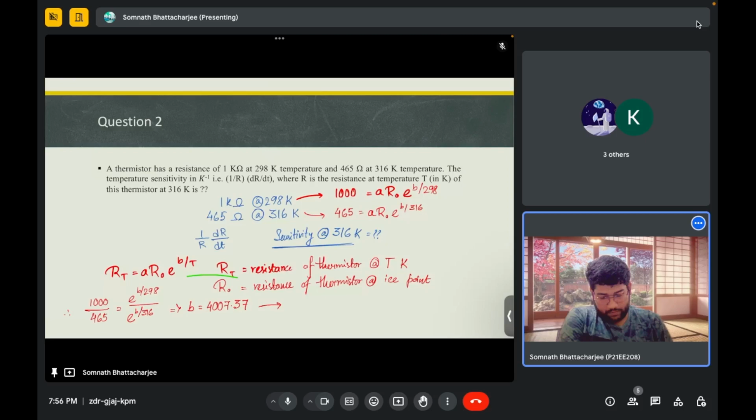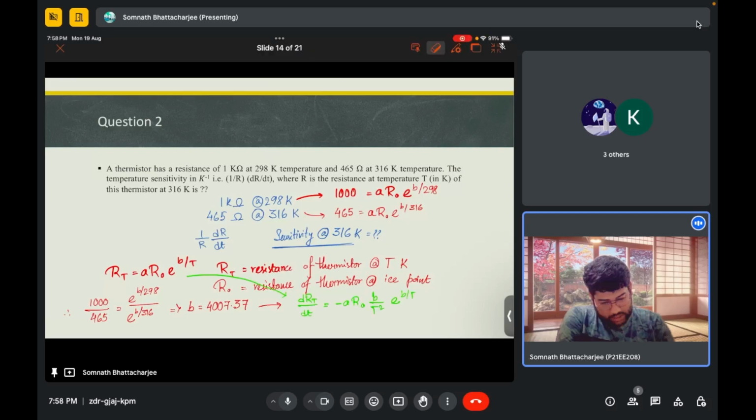Just wait a second, right? So this is the equation. So the term was into B by 298. Maybe I calculated wrong. Let's see. The value is 316 by 298. It's 2.88.